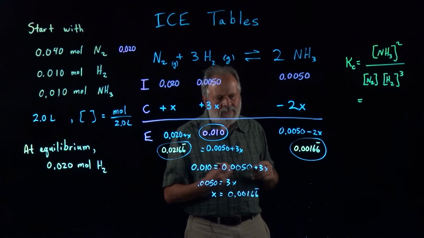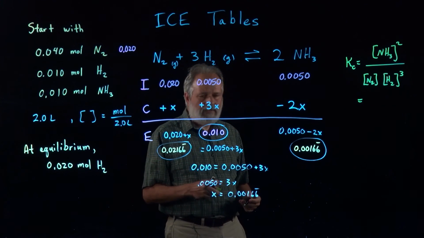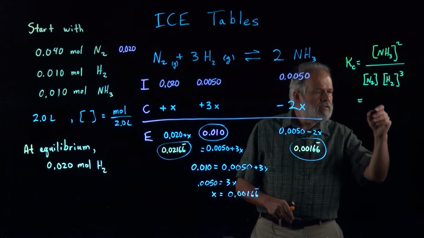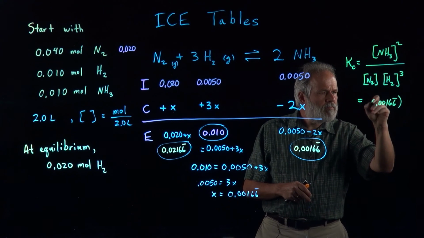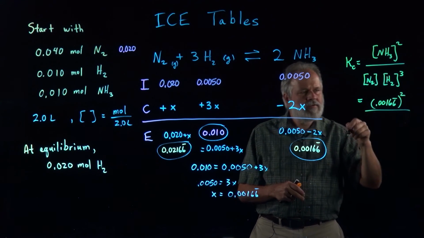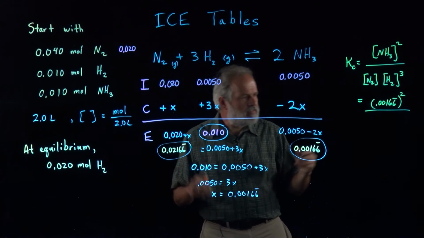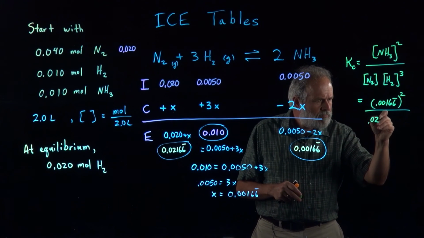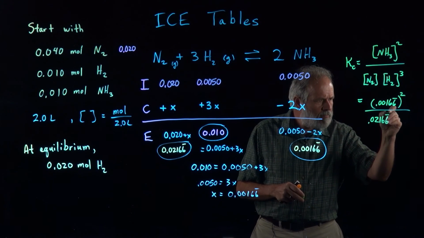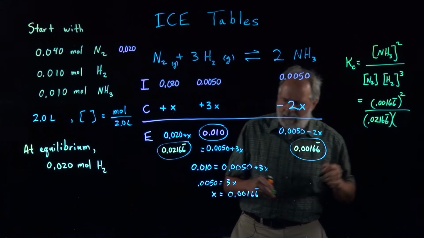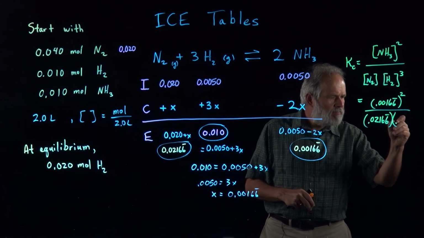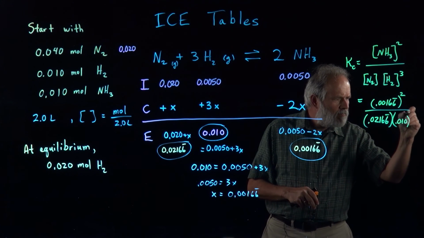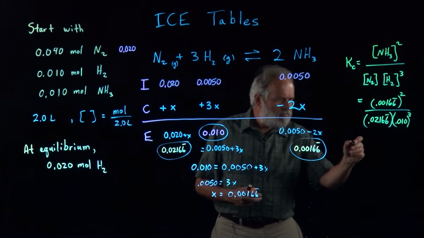And we simply substitute the numbers in here. So ammonia is going to be that number. Nitrogen will be this number to the first power, and hydrogen will be that number cubed.